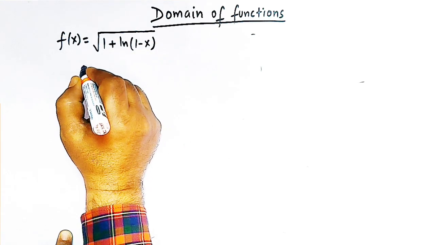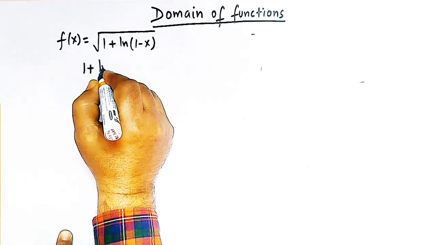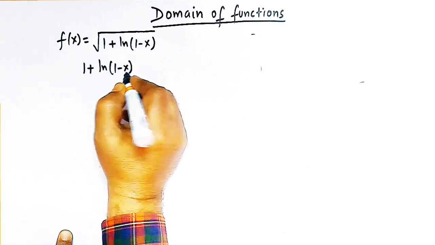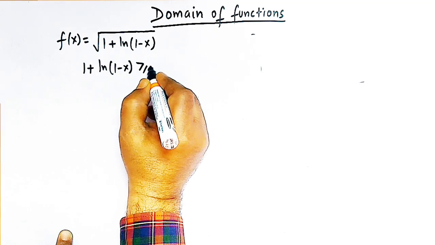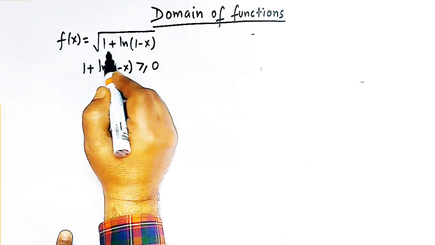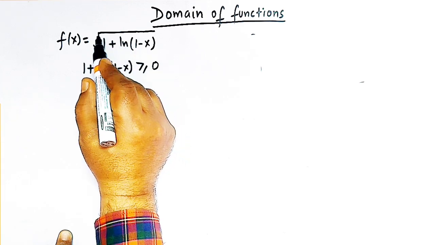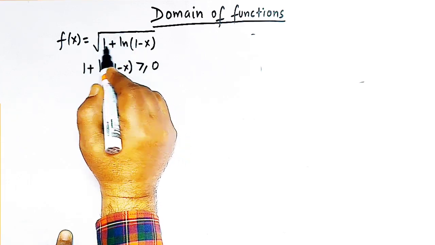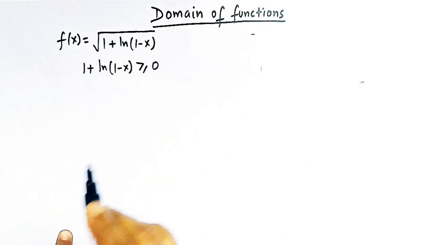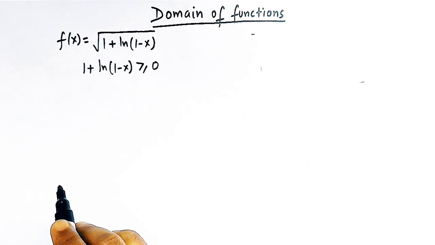So the first condition is that 1 plus natural log of 1 minus x should be greater than or equal to 0, because we cannot have this term as a negative term, because square roots of negative numbers are not defined on the set of real numbers, right?